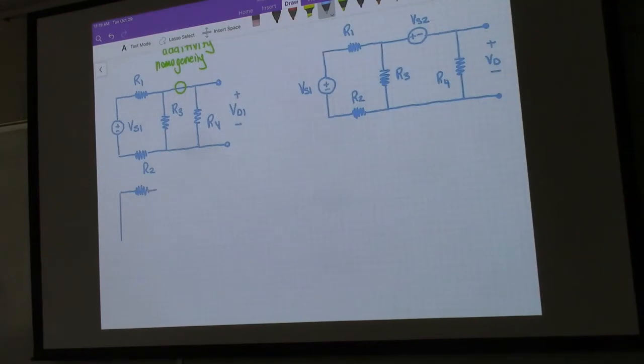Then I split it up into another circuit, or we have a second half where now this only considers your VS2.